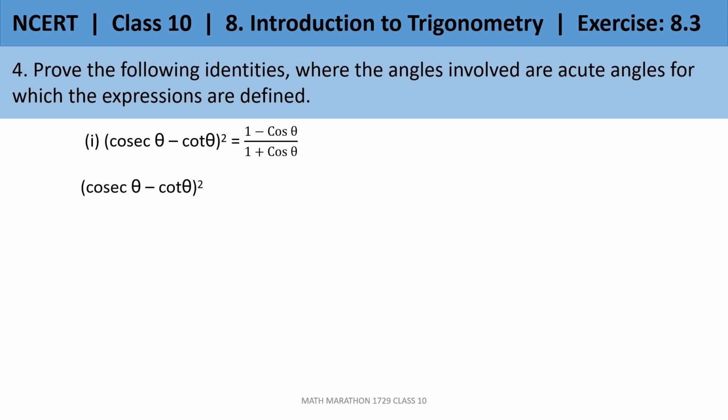(Cosecant theta minus cot theta) whole square is equal to (1 by sin theta minus cos theta by sin theta) whole square.